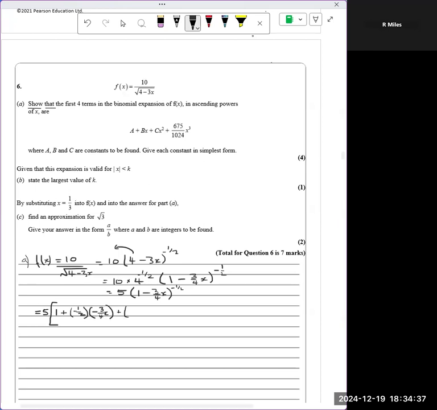The next term, minus a half, minus 3 halves, that is the n minus 1, over 2 factorial, negative 3 quarters x squared. And finally, minus a half, minus 3 halves, minus 5 halves, over 3 factorial, times negative 3 quarters x, all cubed. And potentially there are more terms, but we've got our first four terms.